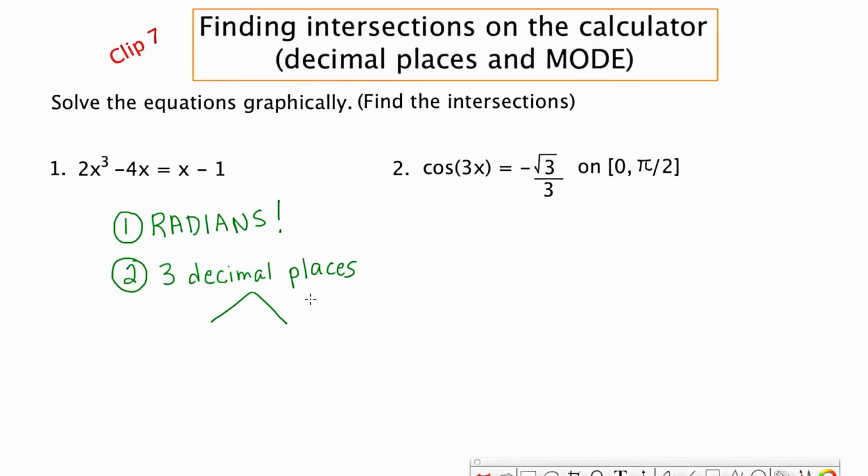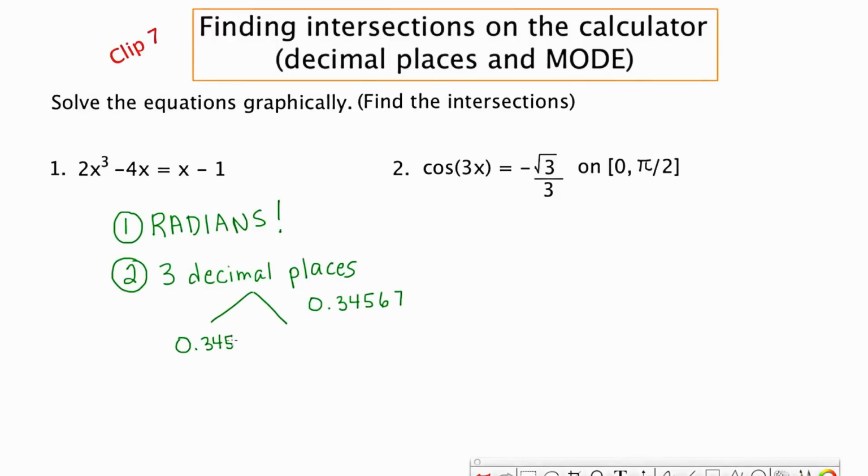Suppose you did a calculation on your calculator and you ended up with an answer of 0.3456. Well, if you decided to truncate, that means you're just going to take those first 3 numbers after the decimal place and just call it a day. So that would be 0.345.